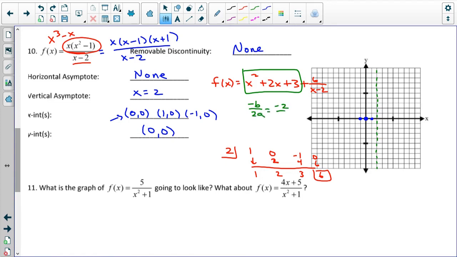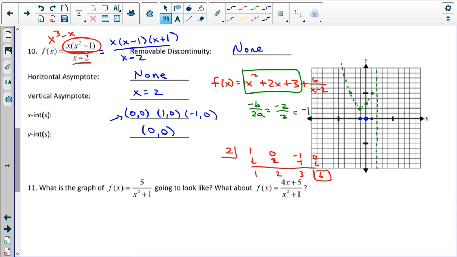So that's negative 2 over 2, which is negative 1. Then if I substitute that back into the parabola, I get 2. So negative 1, 2 is the parabola's vertex: over 1 up 1, over 2 up 4, over 3 up 9, and so on.